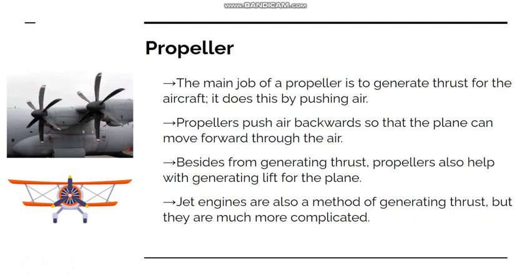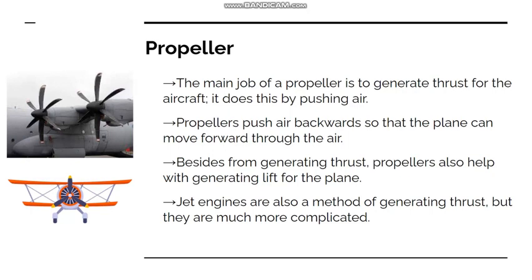And lastly, we have the propellers. The main job of a propeller is to generate thrust for the aircraft, and it does this by pushing air backwards. The propellers push air backwards so that the plane can move forward through the air. Besides generating thrust and moving the plane forward, the propellers also help generate lift to move the plane upwards, very much like the wing.